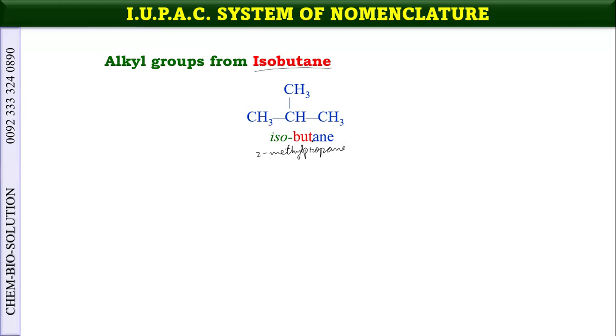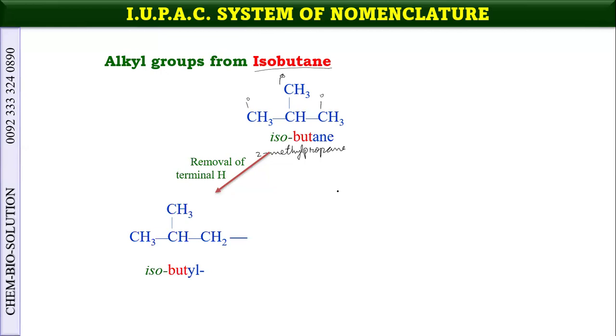But you will use in your syllabus that sometimes hydrogen is removed from a 1-degree carbon atom. These three are all 1-degree carbon atoms, not this one. So when hydrogen is removed from there, then this group is called isobutyl.